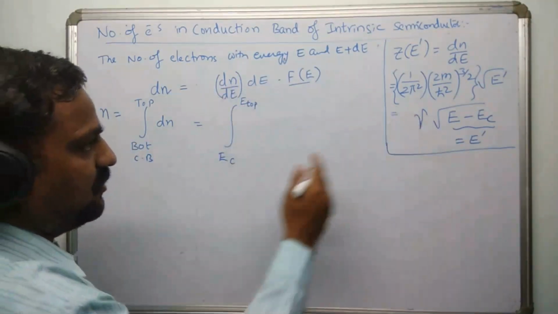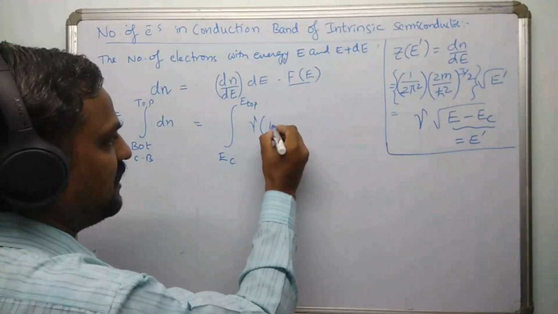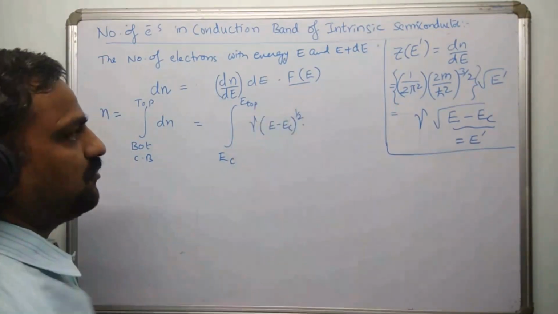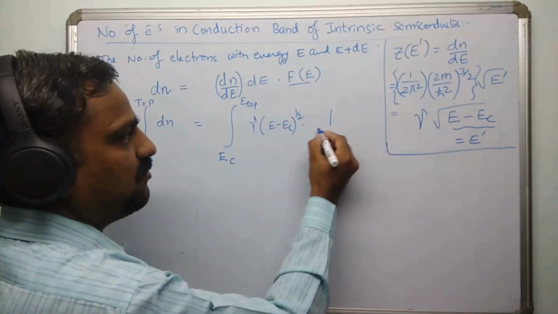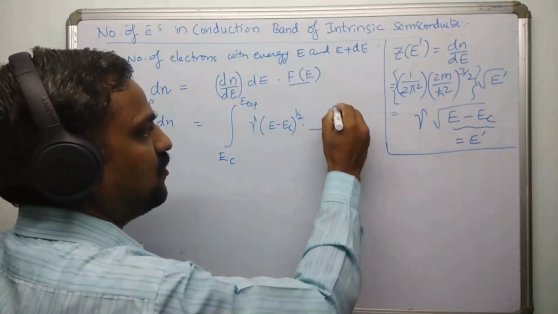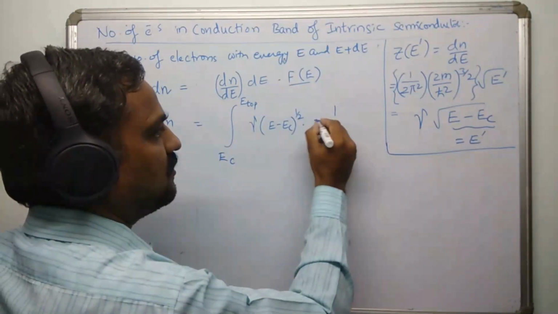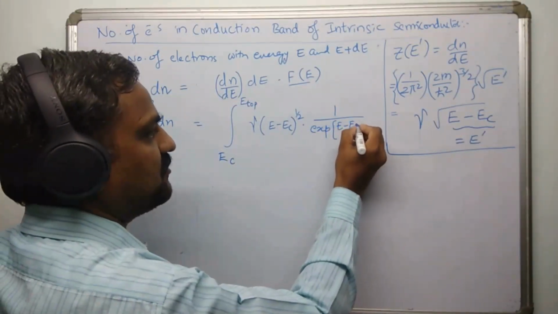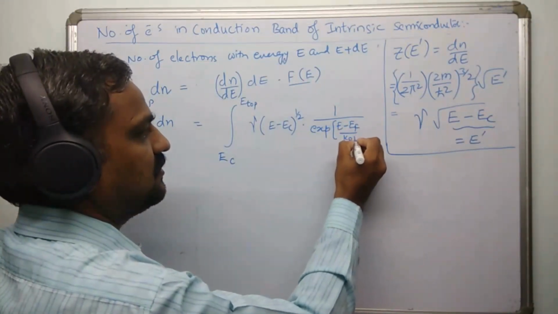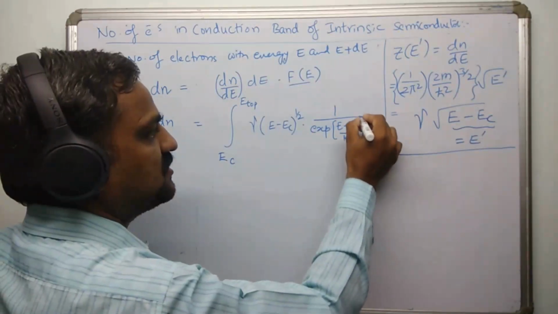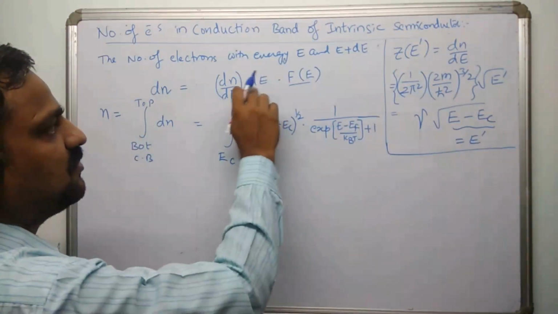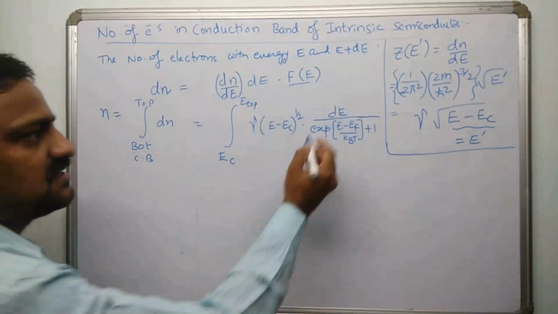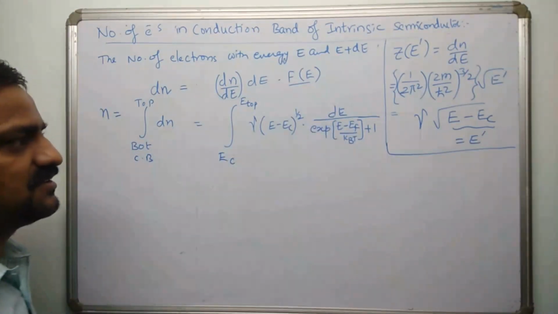I know that dn by dE is going to be gamma times E minus EC power 1 by 2 times f of E. f of E is the Fermi function, the probability function. You know this is equivalent to 1 by exponential of E minus EF by kBT plus 1. So this was the Fermi function, and the multiplicative constant and dE is there. So I'll write the dE here. The integration is going on over the variable E. So this is going to be the term.